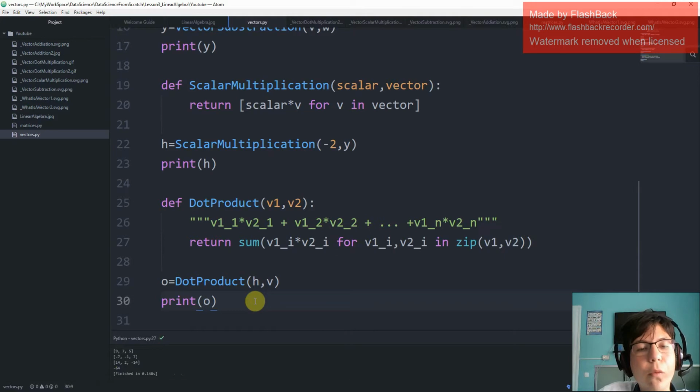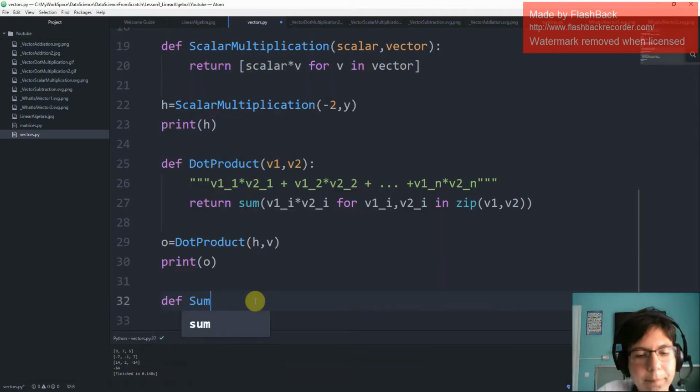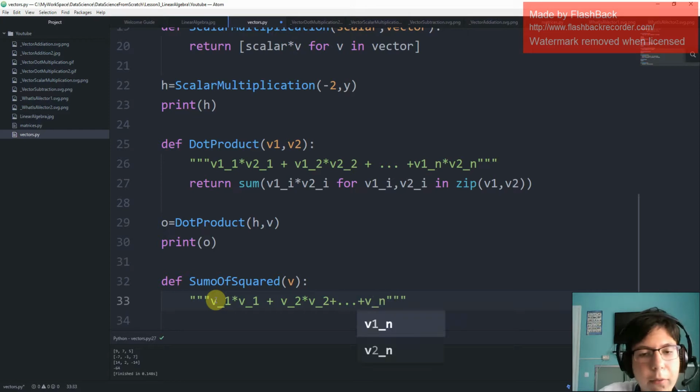And now let's move on to another function. So now that we have defined a dot product, we can define what is called the sum of the squared values of a vector, which mathematically would be written v1 times v1 plus v2 times v2 plus, and so on, up to vn times vn.